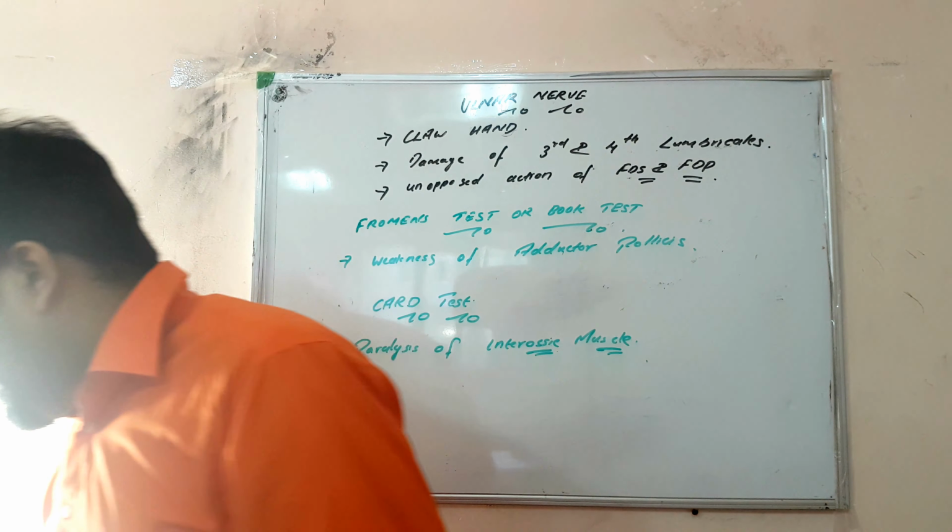So the patient cannot abduct or adduct properly. So the card test will be positive in ulnar nerve injury. Clear? So remember this is an MCQ, Froment's test and book test. Clear? Now the next nerve we are going to study is the median nerve.